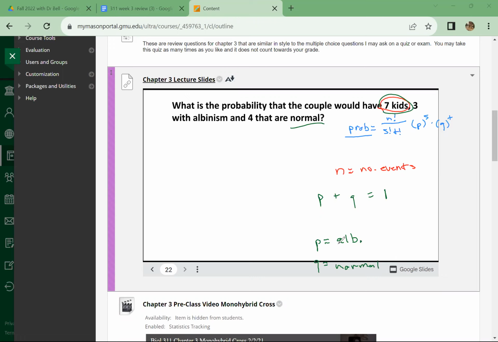And whether or not you assign albinism to P or Q is arbitrary. Albinism could be Q just as long as you keep the following straight. So we have these two things that can happen, and there's a specific probability that they will happen.